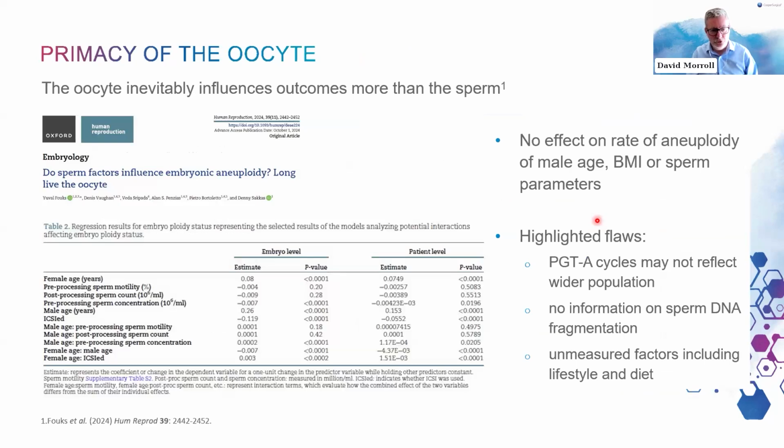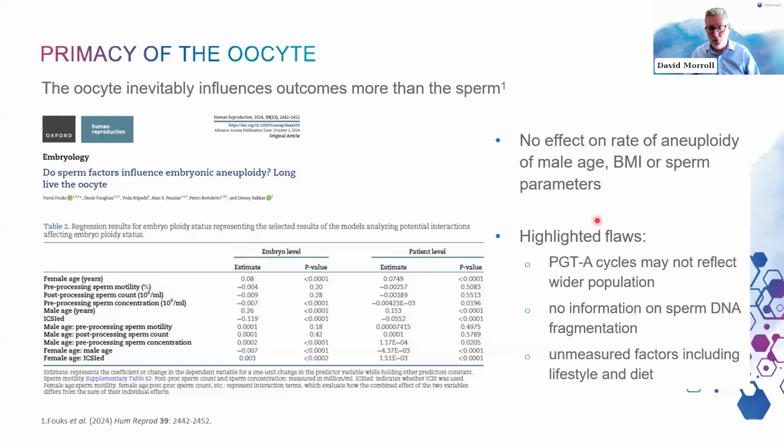The other thing to say, of course, is this paper from Denis Sakas's group that highlighted that when they looked at the results, they couldn't find an impact on embryological outcomes, aneuploidy rates, and so on. They couldn't link that to sperm factors. And this is an important point because what we know from all of these data is there is a primacy of the oocyte.